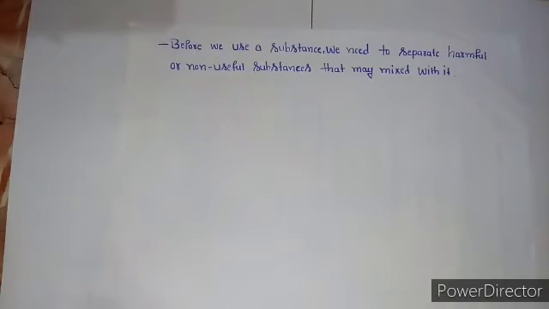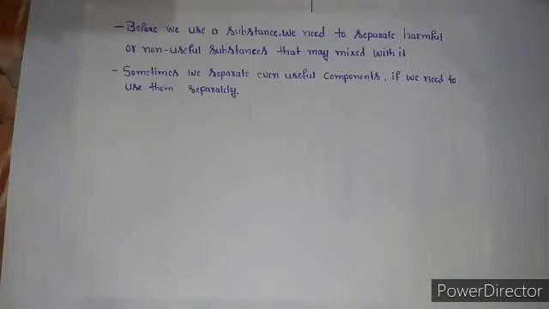Students, we see that before we use a substance, we need to separate harmful or non-useful substances that may be mixed with it. Sometimes we separate even useful components if we need to use them separately.